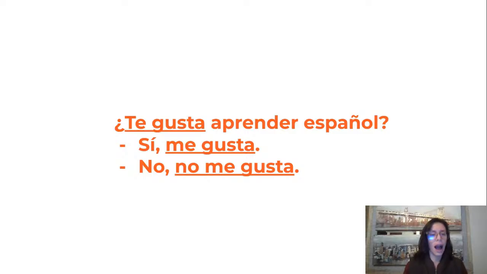Of course, do exists in Spanish as the verb hacer only, but not as an auxiliary verb. So we can't ask a question in Spanish using the verb gustar, trying to put something before the verb like do. No, because we don't need it.